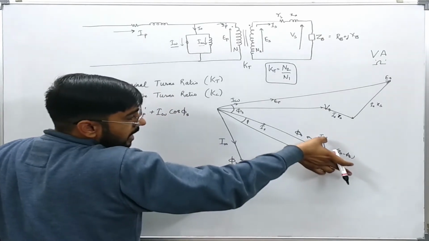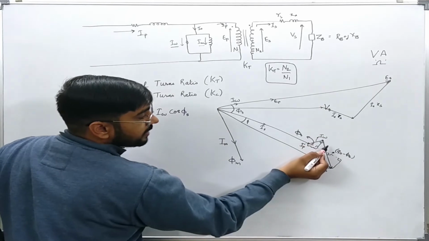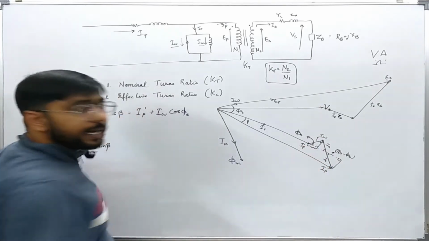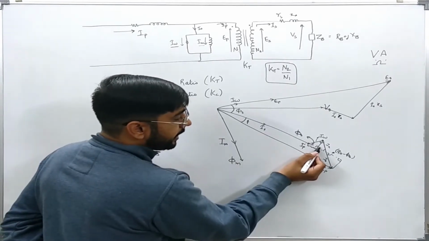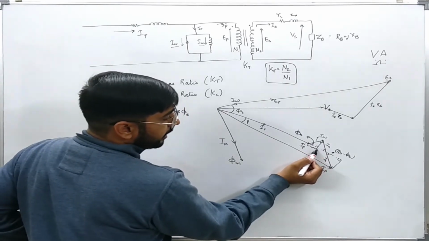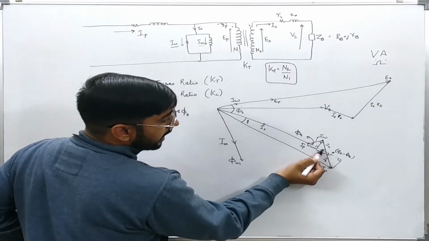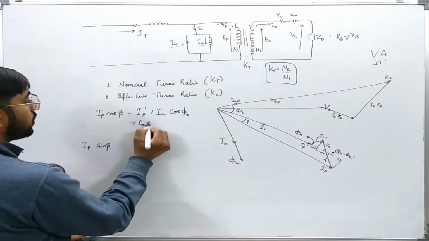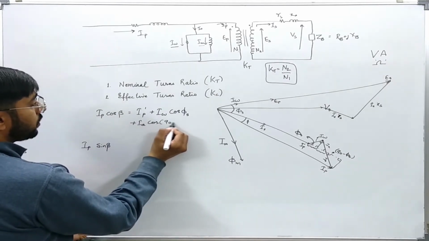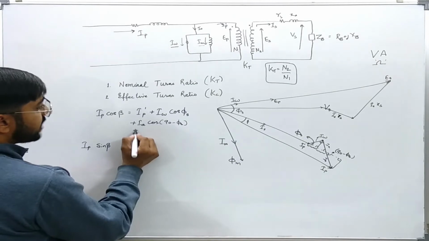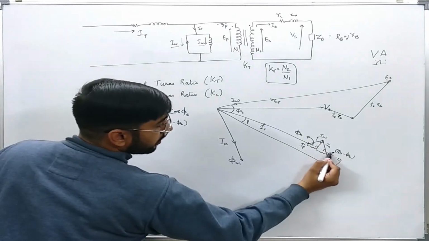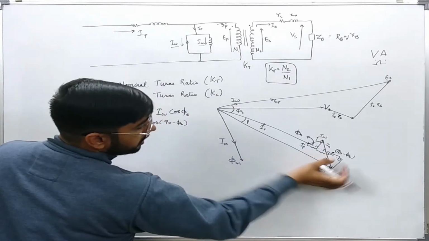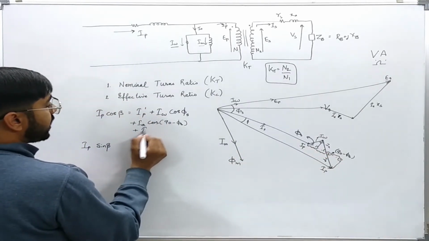Now this is IM. Let us divide this IM as IA and IB. Now this is 90 degrees. So this thing is equal to IA cos 90 minus phi s, plus this thing is equal to IB cos 90 minus phi s.